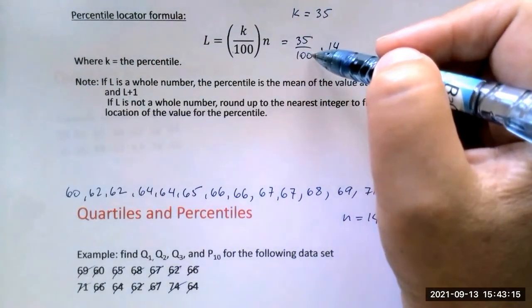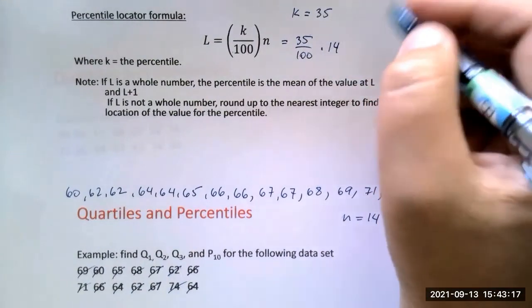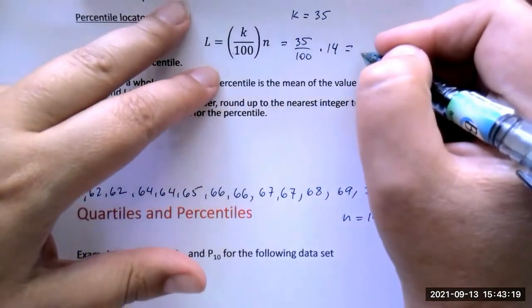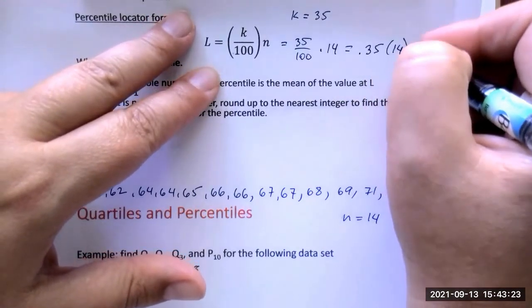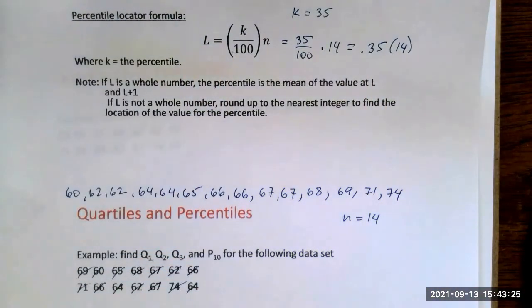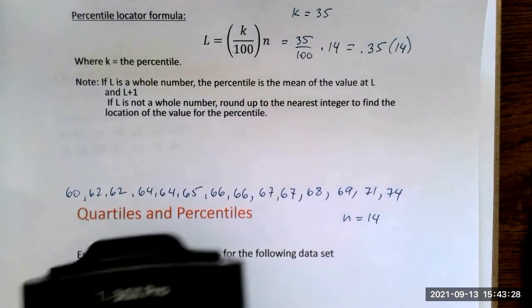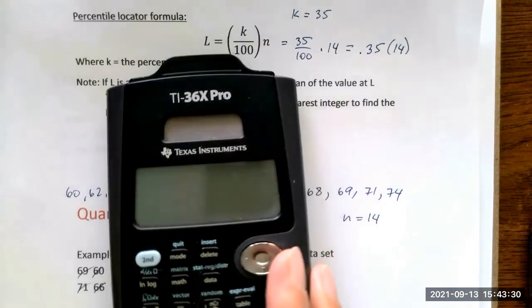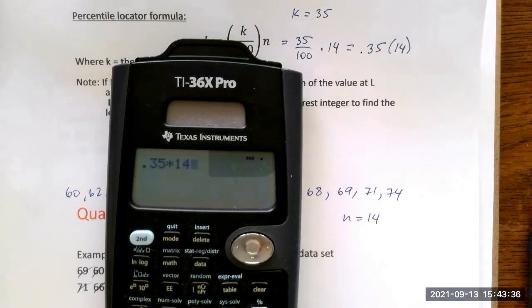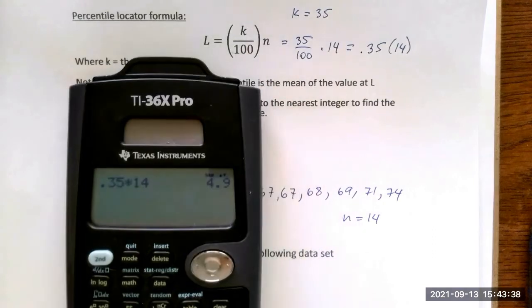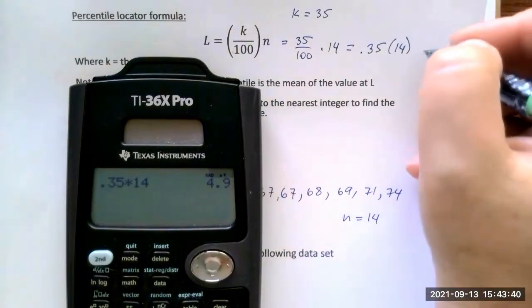Basically, 35 divided by 100 is our percent in decimal form, for those of you who are fluent in algebra. So just convert your percentile to decimal form and multiply by n. We have 0.35 times 14.